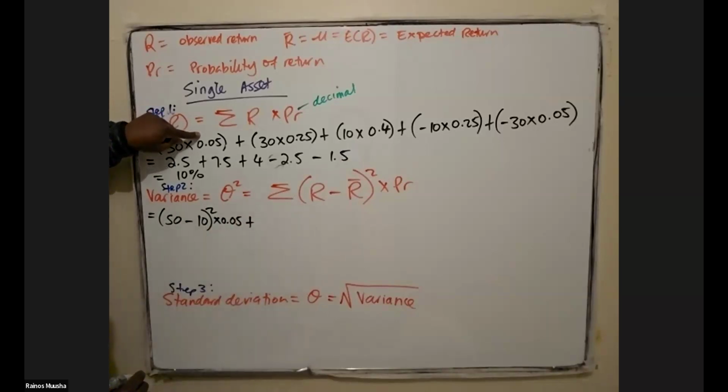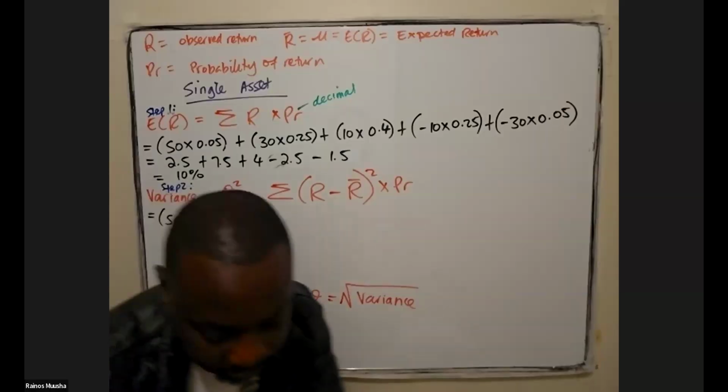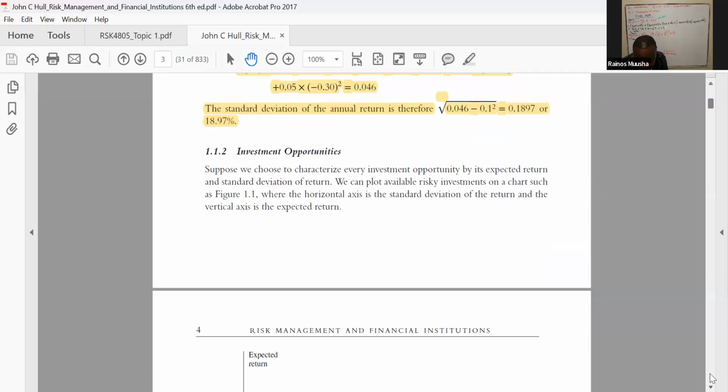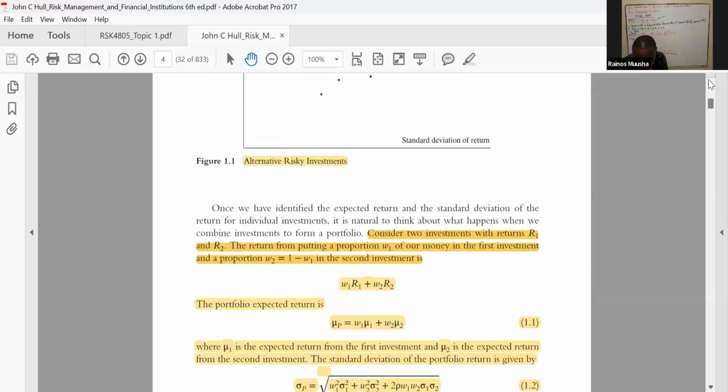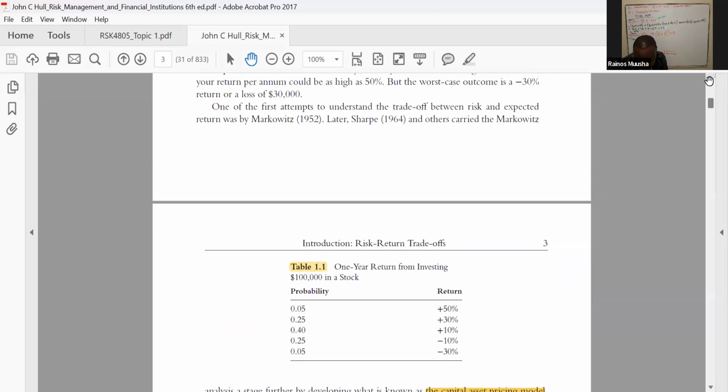Is anyone lost on how we did the first one? Anyone lost? Yes, sir. Please repeat that. Remember, we calculated our expected return being 10%, isn't it? And then we were also given these observed returns for these different scenarios, where we said the return of 50, 30, 10, minus 10, minus 30, right?